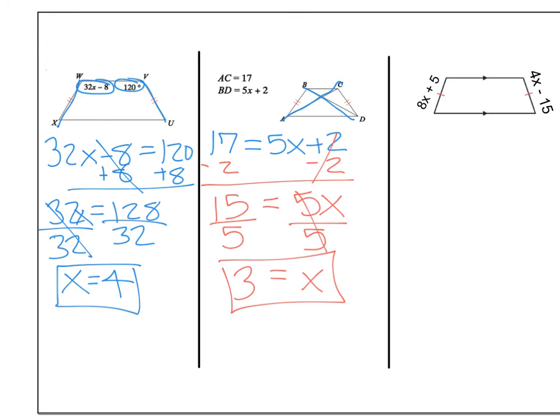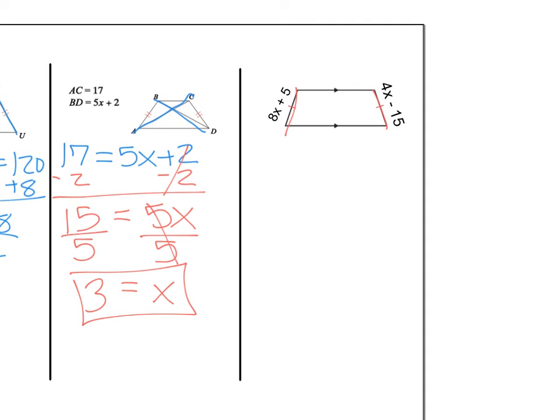All right, and lastly, again, this only works on isosceles trapezoids, and that's when these legs are congruent to each other. And since those legs are congruent to each other, we're going to set them equal to each other. So I have 8x plus 5 equals 4x minus 15. All right, I'm going to subtract my 4x from both sides.